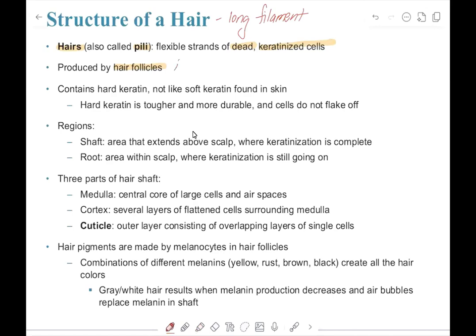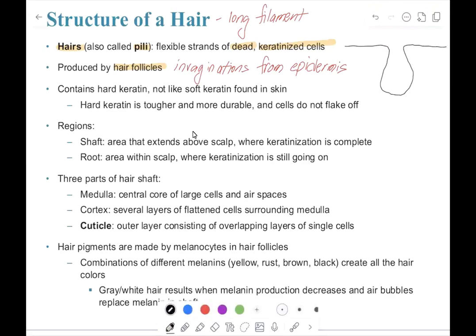And hair follicles are invaginations from the epidermis. So you've already learned about the epidermis, and what this essentially means is that the epidermis folds inward, and that folding inward is what surrounds a hair follicle. So the hair follicle itself would be located in this area.